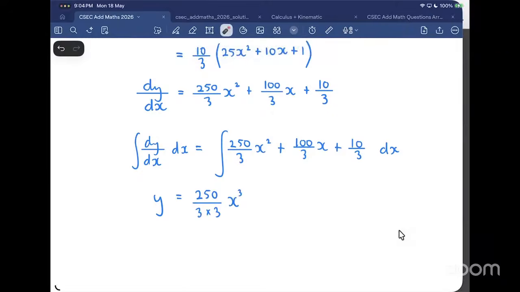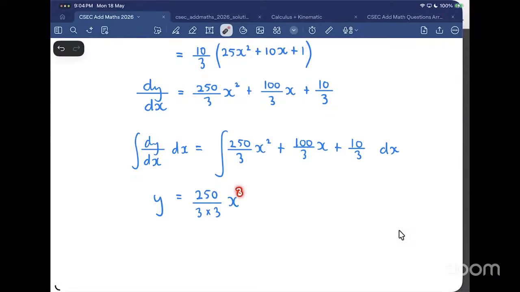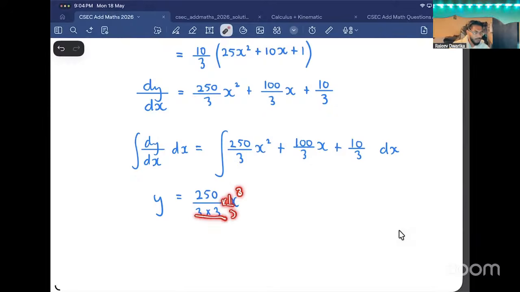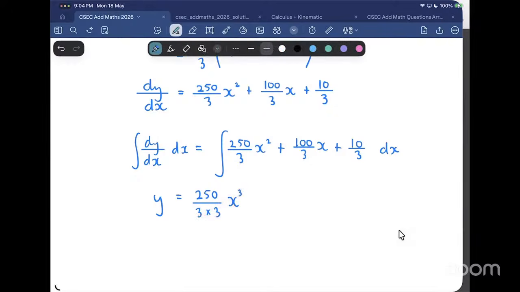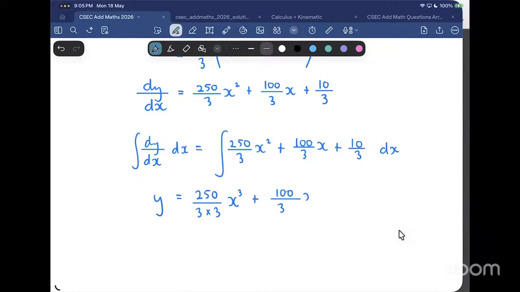Well, the new power is gonna be 3, right? Yes, sir. And I have to divide by 3. Dividing by 3 means the same thing as multiplying by what? A third. So you see why I get 3 by 3, right? Yes, sir. Okay, the next one is going to be 100 all over 3 by what? 2. Yes, 3 by 2.